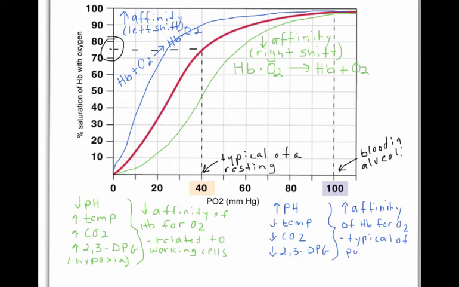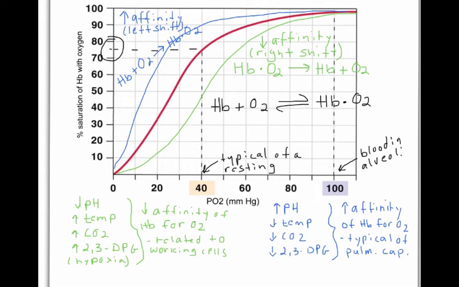And so this is typical of the blood in the pulmonary capillaries. I'm just going to abbreviate that. Pulmonary capillaries. So if we write out this whole reaction, I'm going to write this in another color. If we have hemoglobin plus oxygen, this is a reversible reaction forming the oxyhemoglobin.